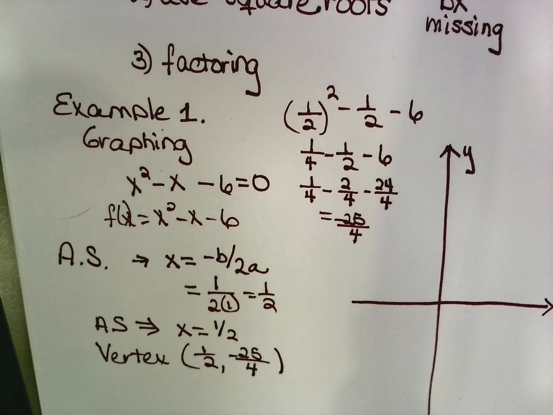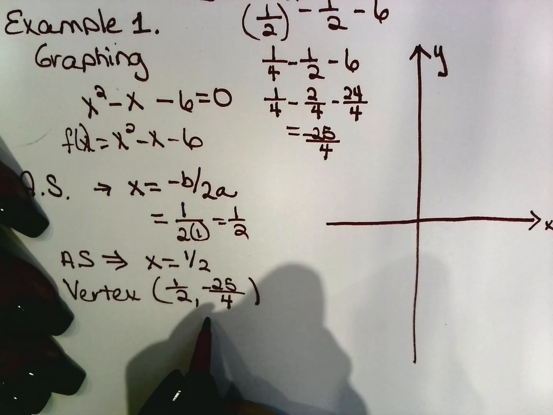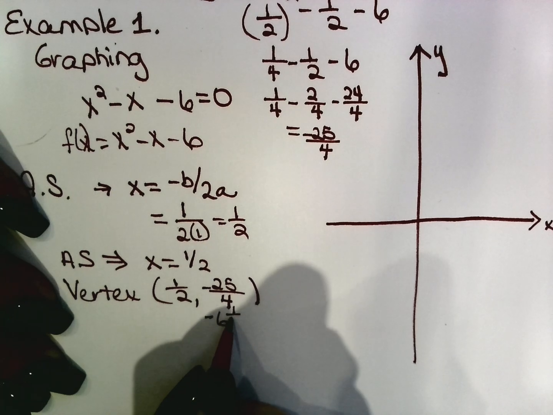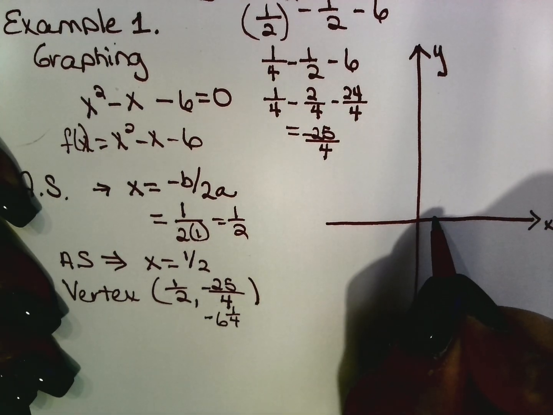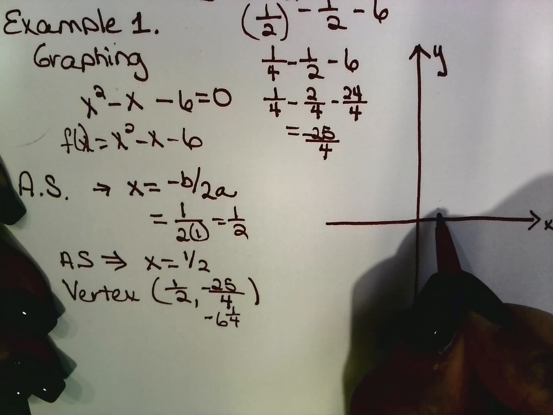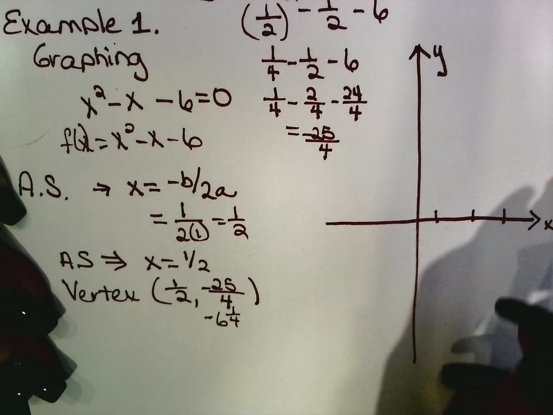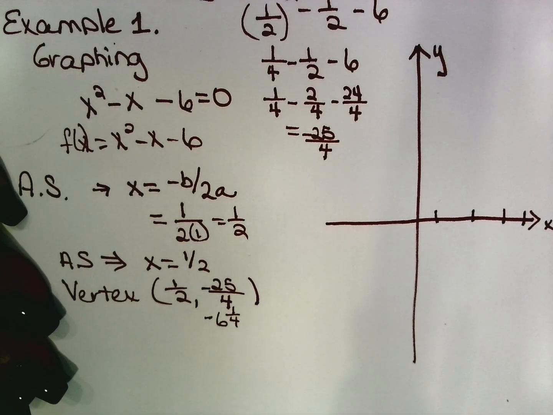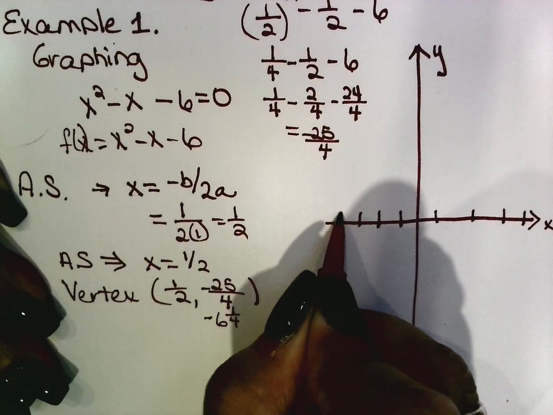Okay, give me just a second. Okay, so by the way, this is just negative 6¼, all right? So we're going to go to 1/2. Let's see, here's 1, here's 2, here's 3. Let's make that 4, and here we've got 1, 2, 3, 4.